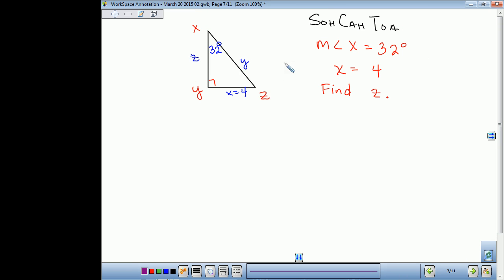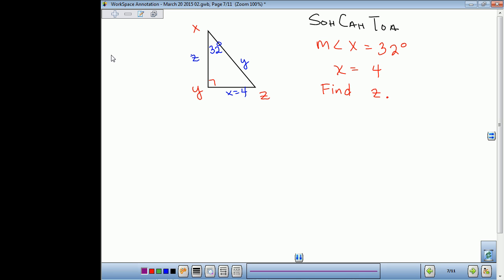Okay, the next example. We have this triangle, XYZ, so of course we've labeled the sides with the lowercase letter of the vertex it's across from. They tell us that the measure of angle X is 32, and we've marked that on the picture, and the length of side x is 4. And we're asked to find the length of z, to find side z.